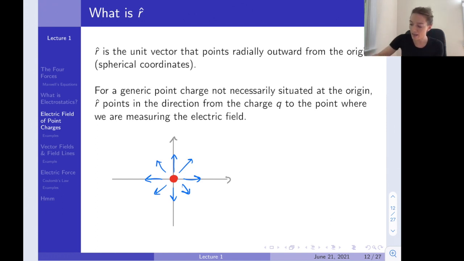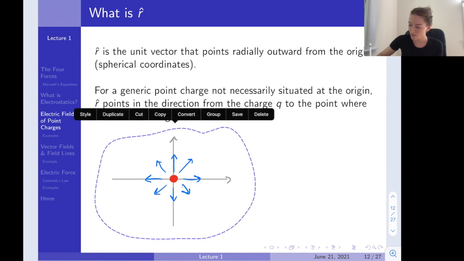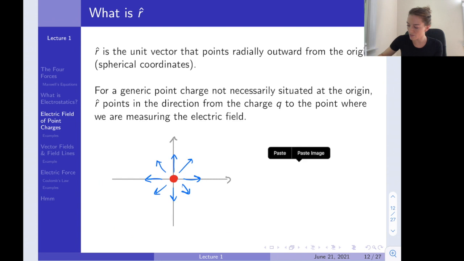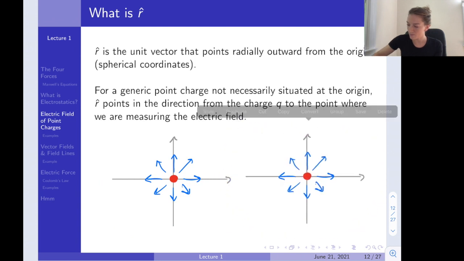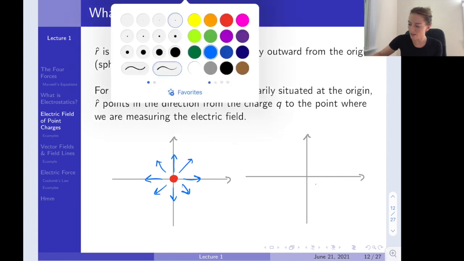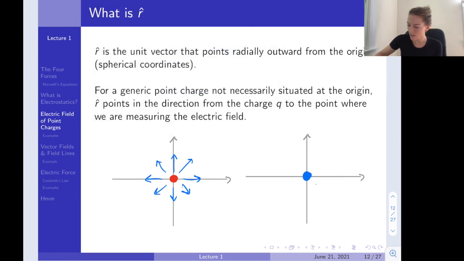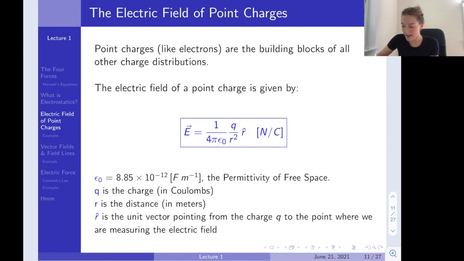And then likewise, if we have a negative charge, so let's just redraw a negative charge. So if we have a negative charge at the origin, then the electric field is going to be pointing radially inward because we're going to have a negative Q, which means overall this will be pointing in the negative r hat direction.